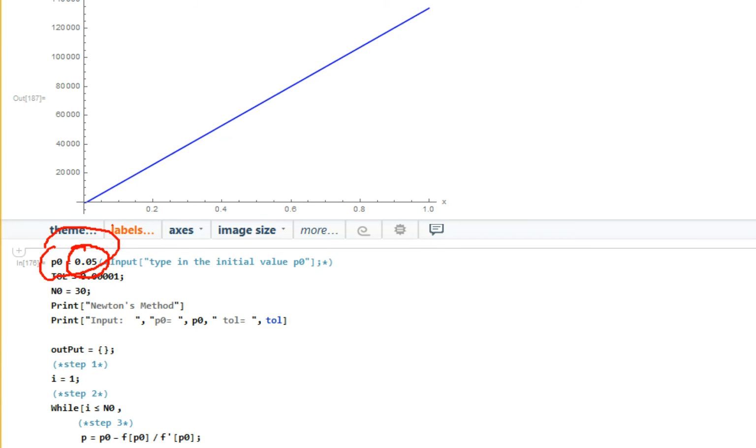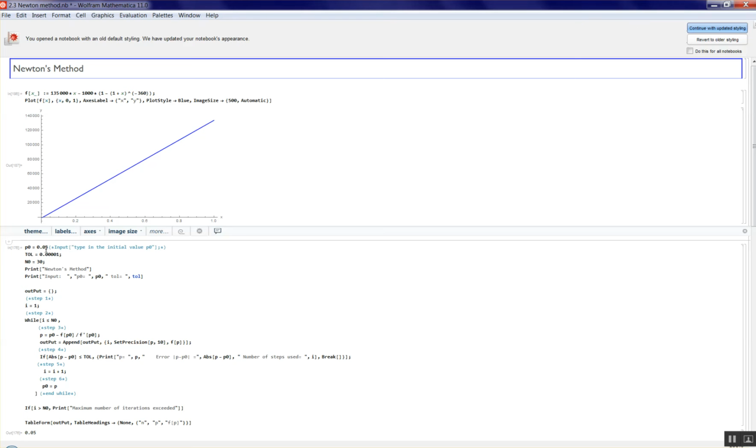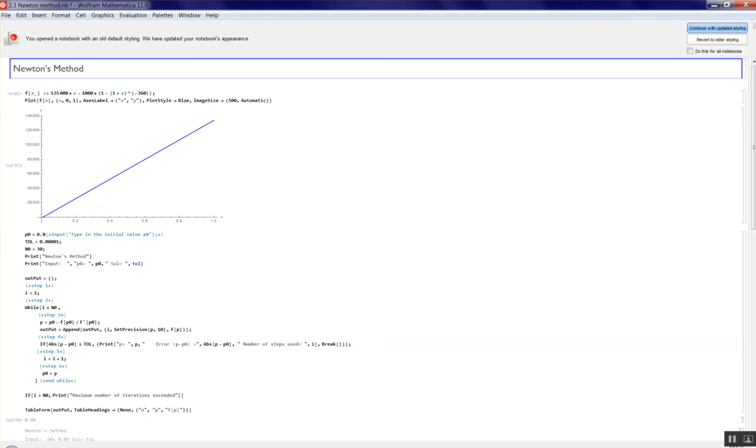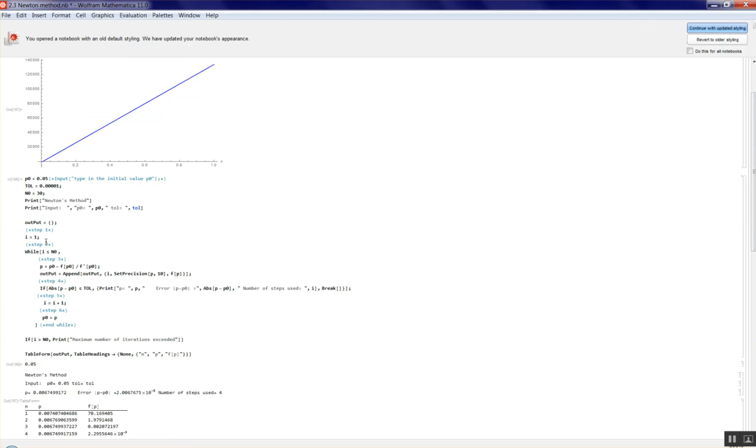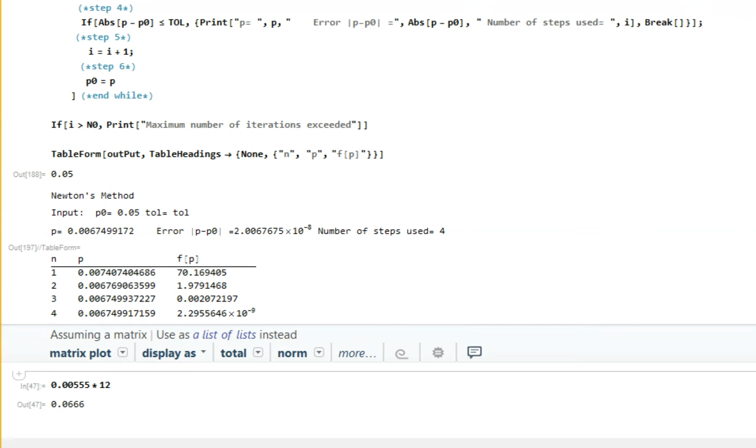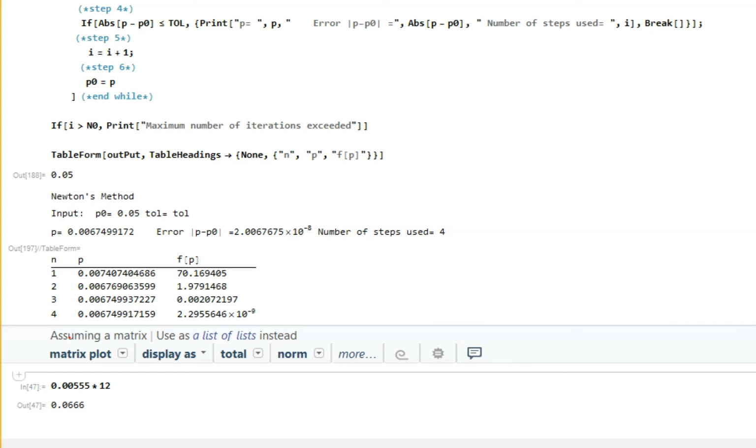No reason, just a random value. Of course, I would not pick 0.9, right? It's impossible that the monthly mortgage rate is 90%. So I'll just pick 0.05, or 0.01, up to you. And I'll run my program, and this is my output.